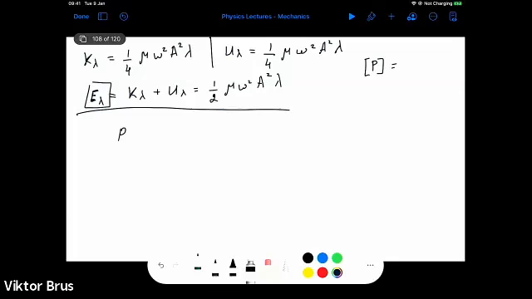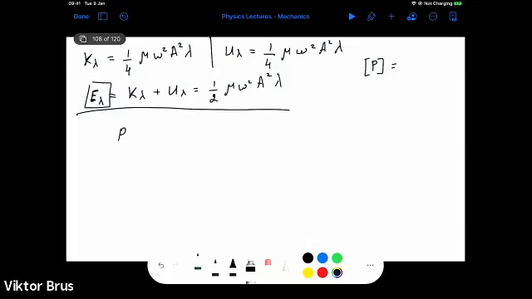Watts. Or joules per second, yeah, you're right. So to be more precise, it's joule per second. It's the amount of energy, which is defined by this E lambda, transmitted through the string per unit time, per second.